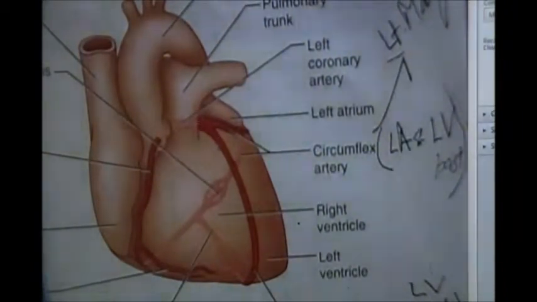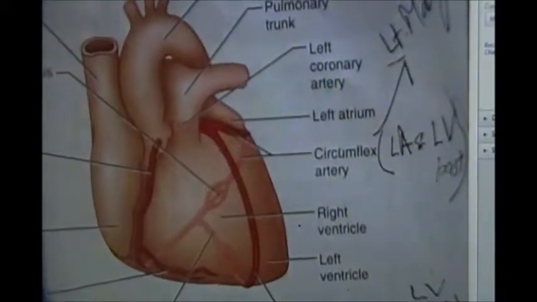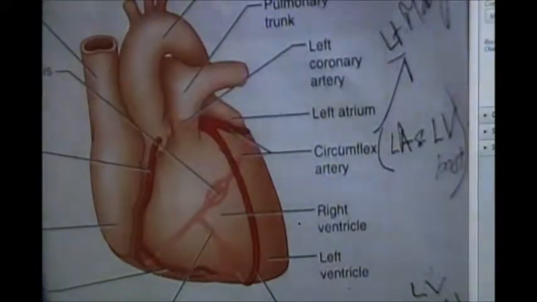The left coronary artery, which arises from the left aortic sinus, divides immediately into the circumflex artery and the left anterior descending branch, which supplies the right ventricle and left ventricle and the anterior part of the interventricular septum.